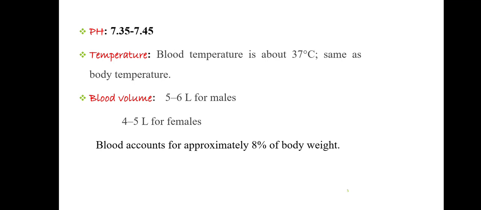In males it's slightly higher, which is 5 to 6 liters, and then in females it's about 4 to 5 liters. And you should note that blood accounts for approximately 8% of the body weight. If you are 70 kg, then 8% of 70 kg is made up of blood. Important to know that.